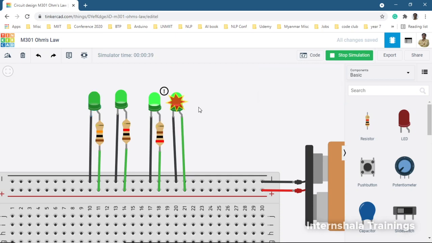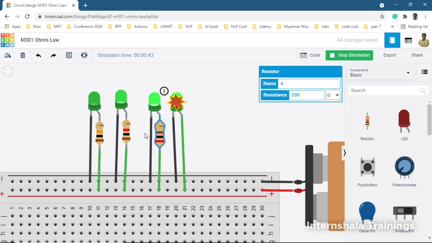The only difference these 4 LEDs have is the value of series resistance in their forward biased path. The first LED does not have any resistance, so the current is not limited, it is very high. The second LED has a resistance of 200 ohm, the third one is 1 kilo ohm, and the fourth one has 10 kilo ohm.